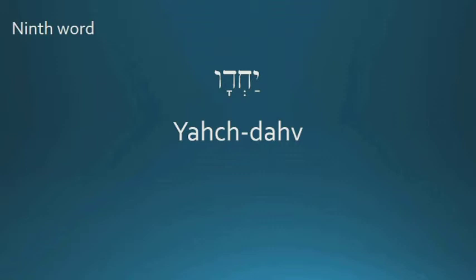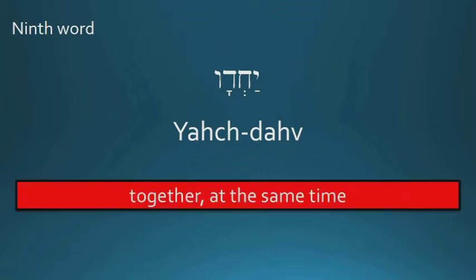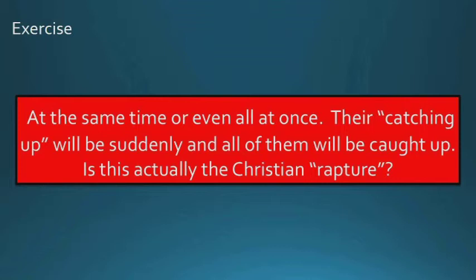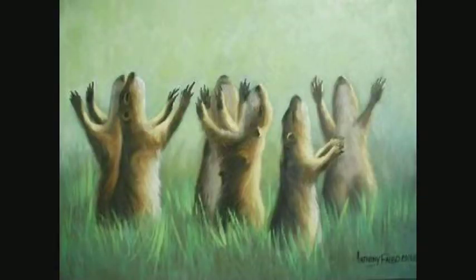All right, the next word that we come across is yakdav, which means together at the same time. All of them. Now, this isn't telling us that their catching up will be sudden and all of them will be caught up at the same time. Now, I've thought about this a little bit. Is this what the Christian rapture is about? They think they're going to be caught up and taken to heaven, which there isn't really any scripture that says so, but that's where they get the idea from.